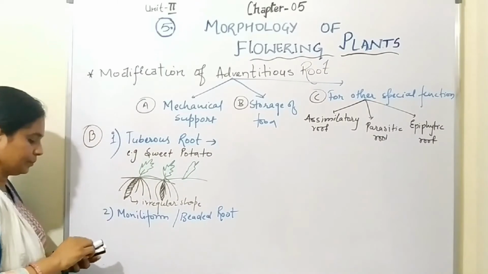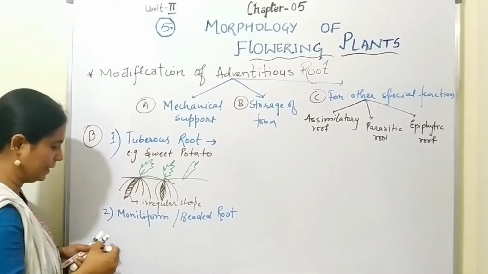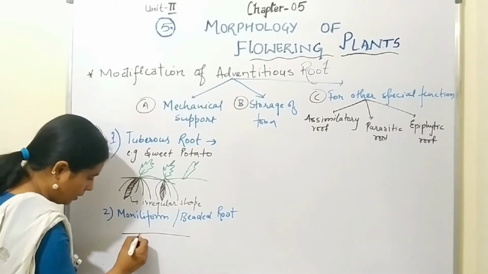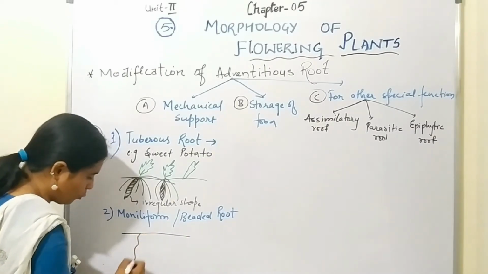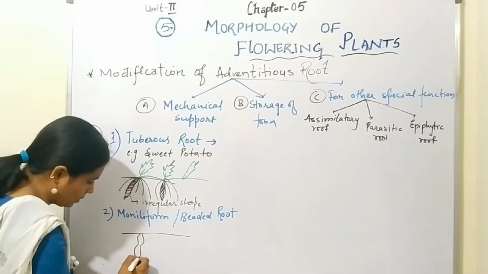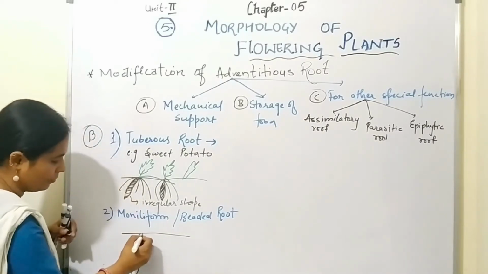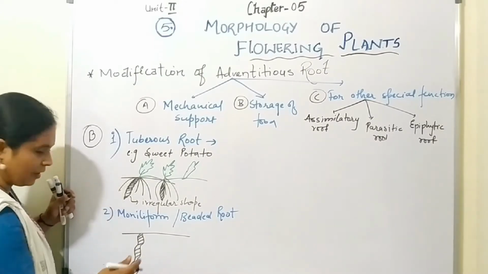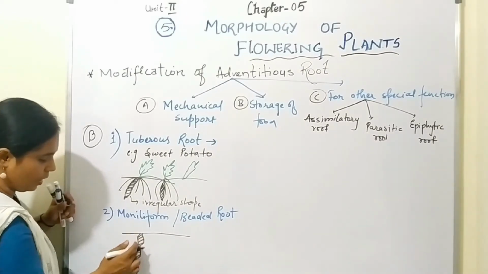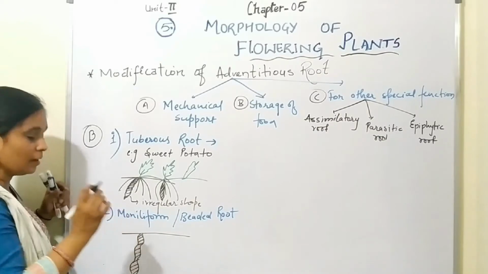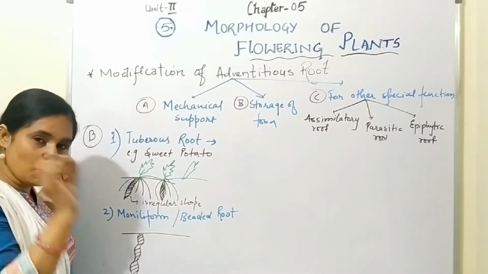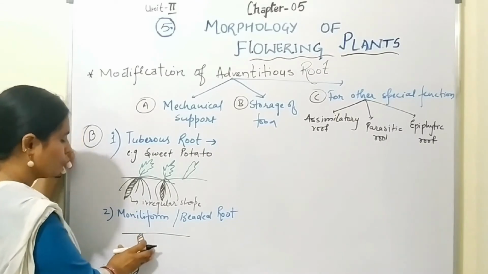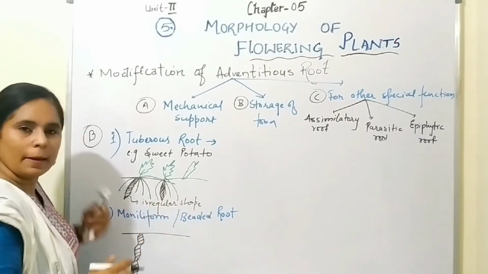Here, as you can see from the word beaded, there will be swelling of the root at regular intervals, and it will give a beaded look. You will see 1, 2, 3 beads, which is the swelling at regular intervals. Such roots are called moniliform or beaded root.